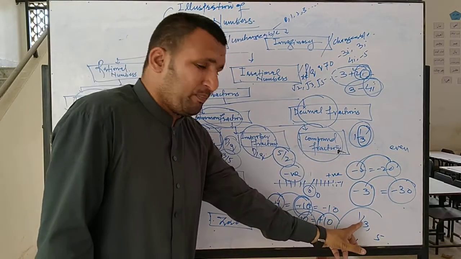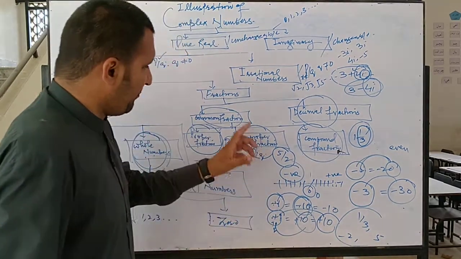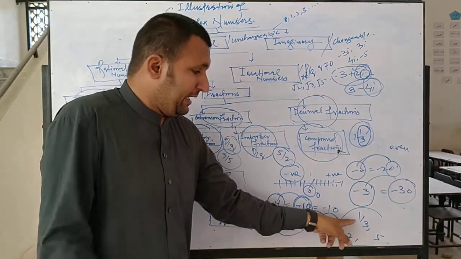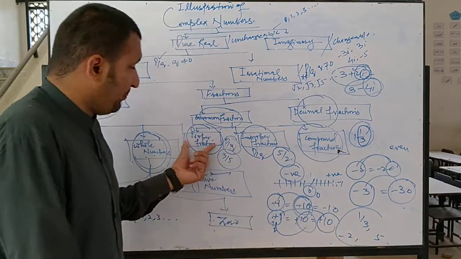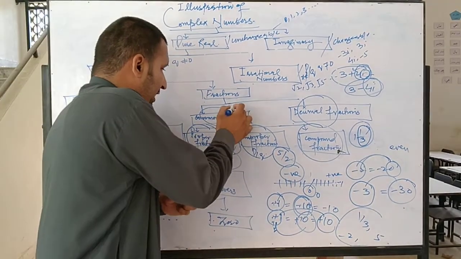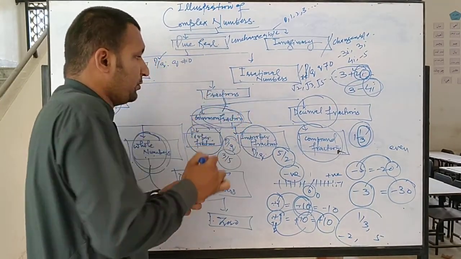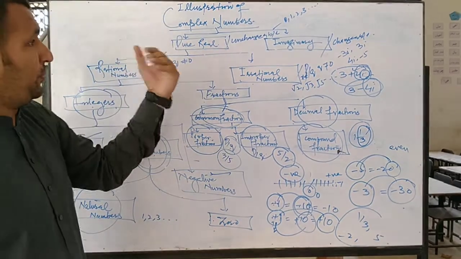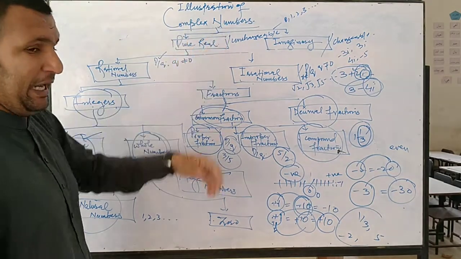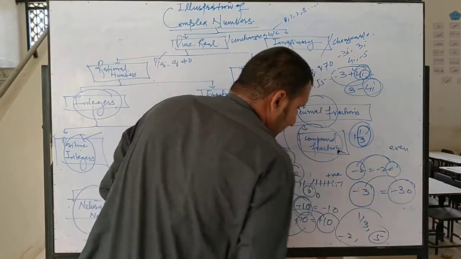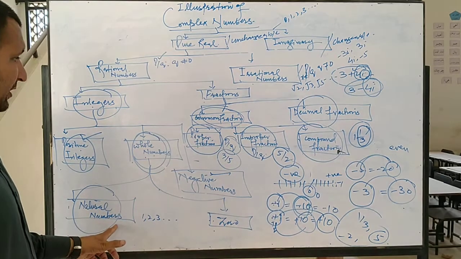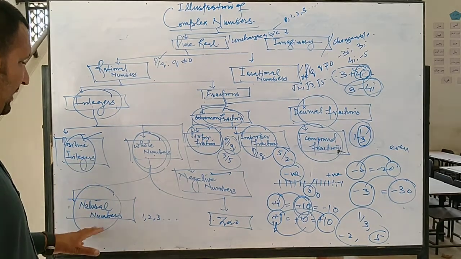And again 1/3 is a part of proper fraction because 1 is less than the denominator. This is a proper fraction, a common fraction, which belongs to rational, to pure real, and to complex.